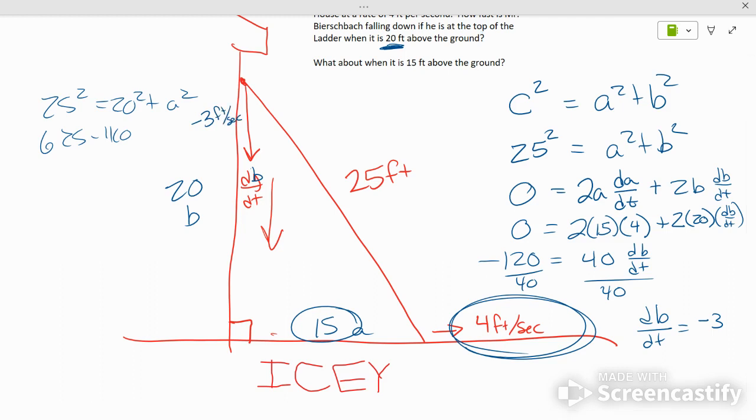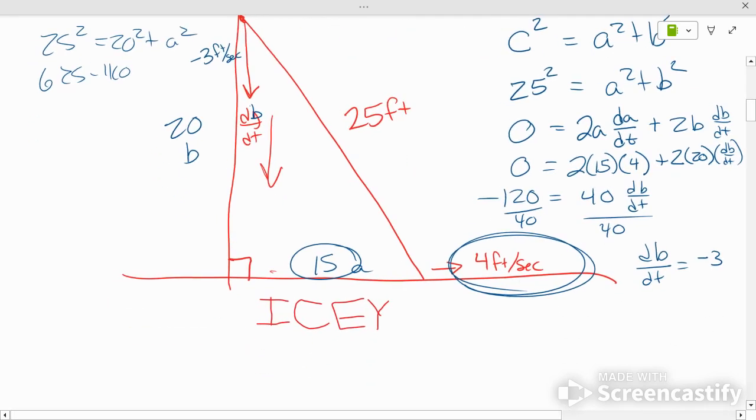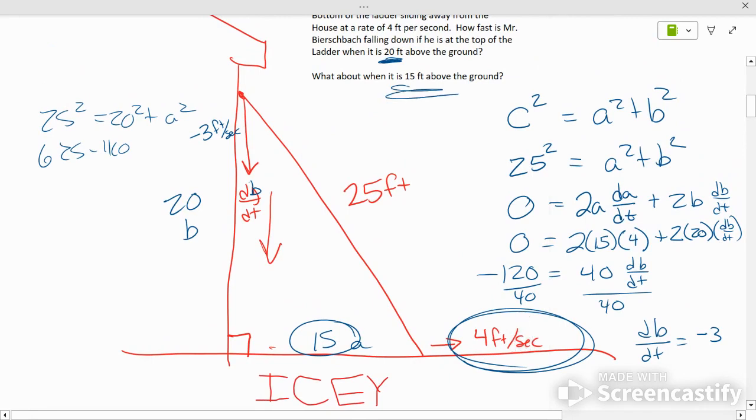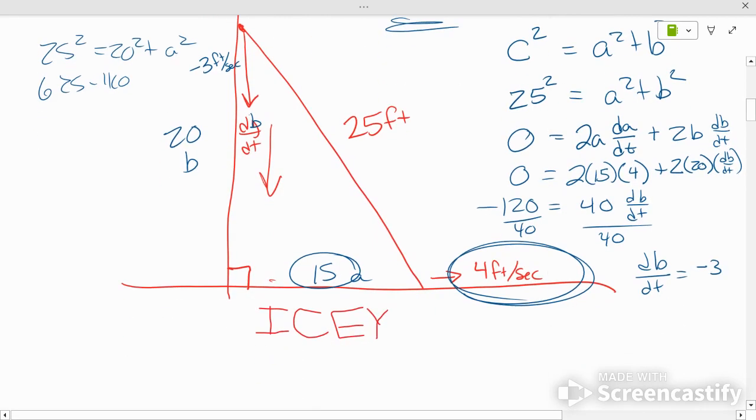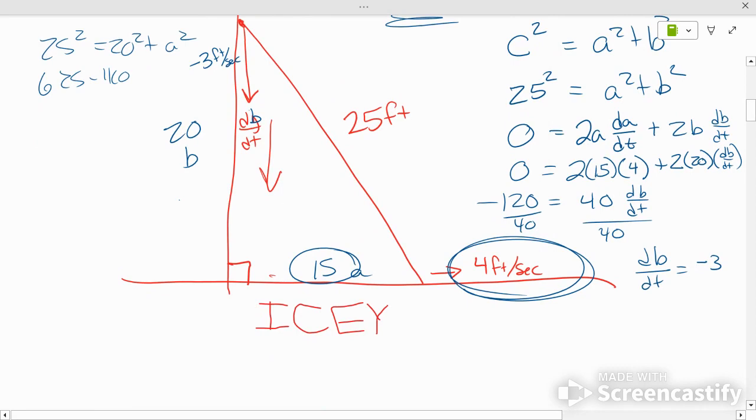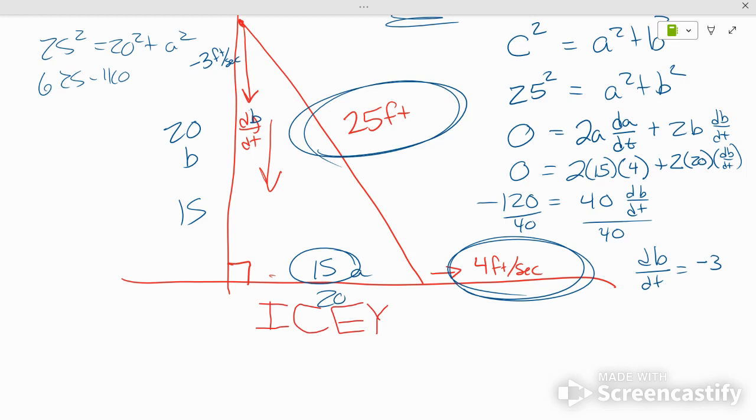So I'm falling at a rate of negative 3 feet per second, or I'm going down at 3 feet per second. Now, that's when the ladder is 20 feet above the ground. By the time it slides out, down, and now I'm at 15 feet above the ground, how fast would I be going? Well, if this is 15, what would this side be? 20, because the ladder doesn't change length.